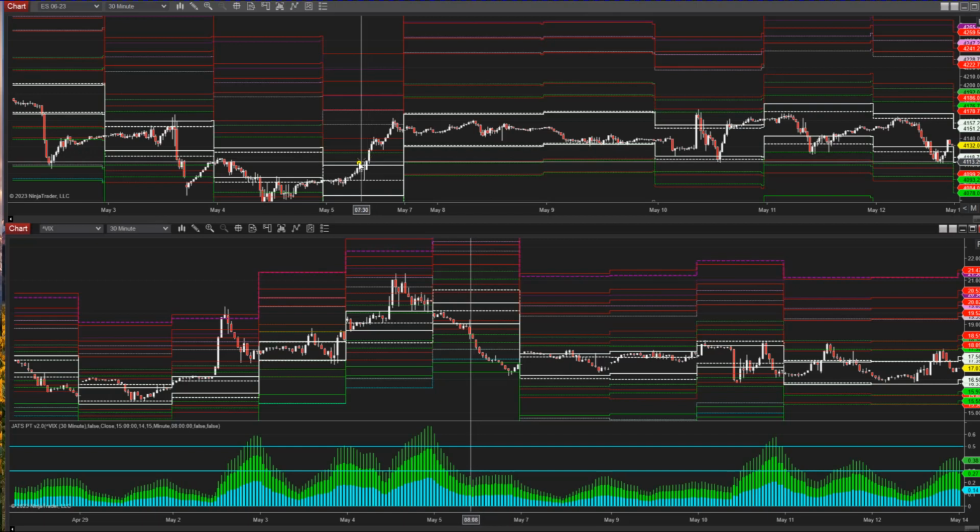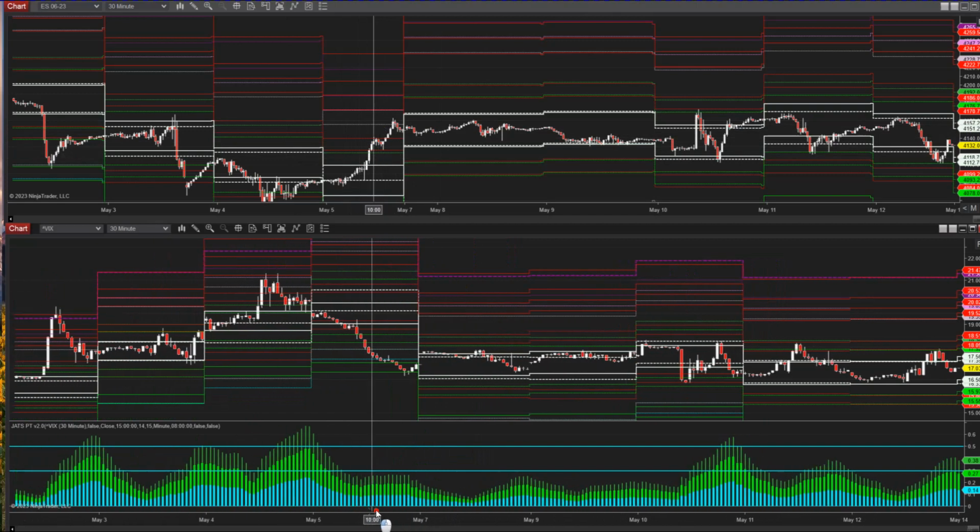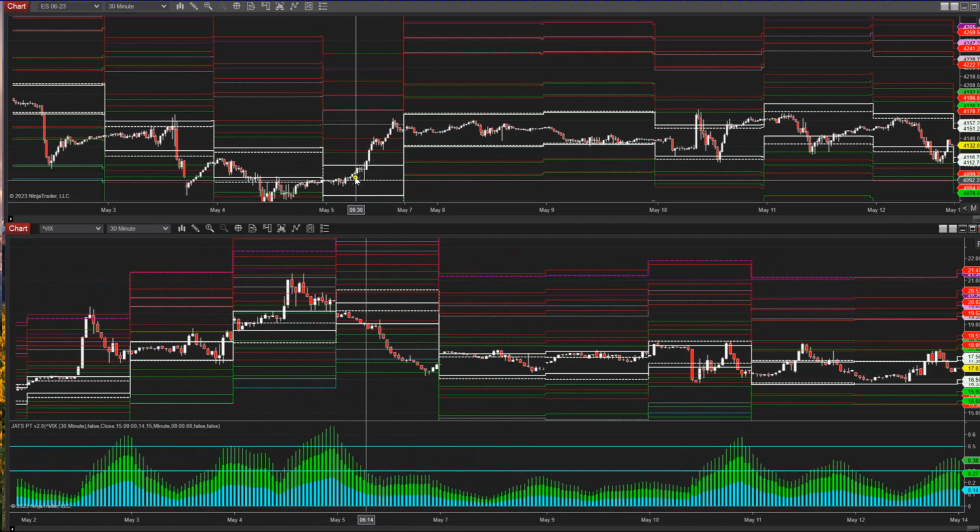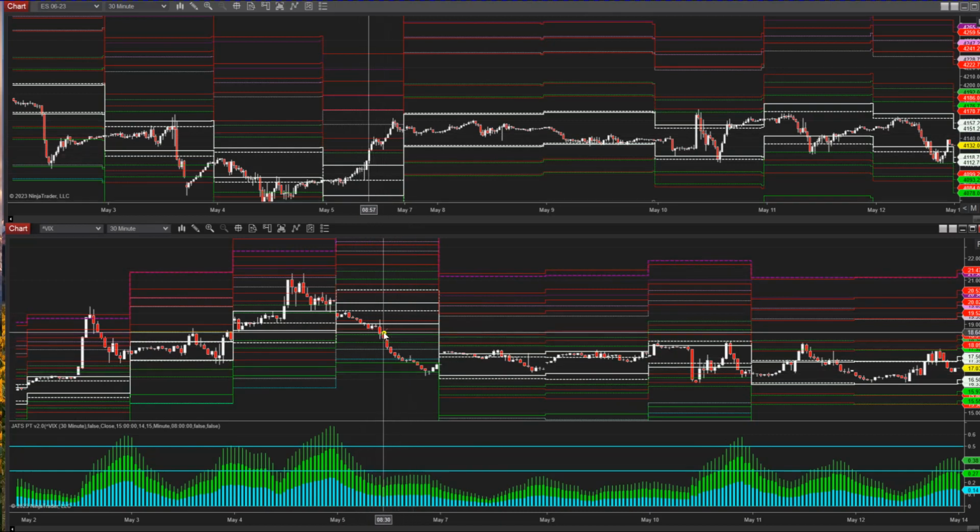Well, oh, I'm sorry. This actually was short. I mean, the vol was short, and this went above the first standard deviation. There we go. So this break sold down. The vol came down, and the price floated up.